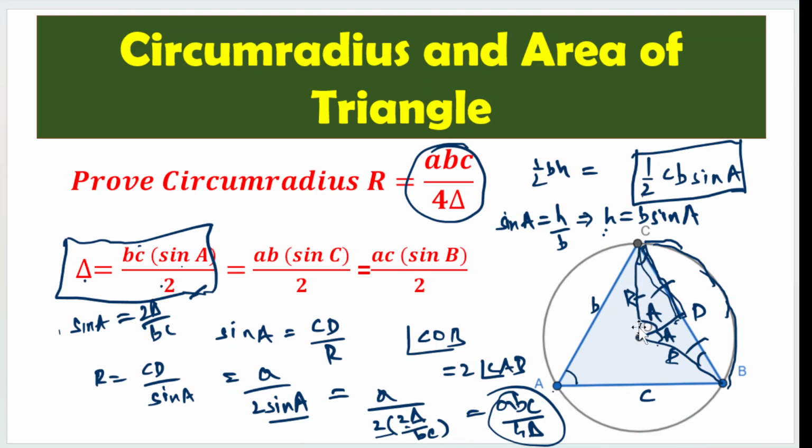We just need to understand that the radii are the same, and that's why we are able to find R in terms of sine A. First we proved the area in terms of sine A, and then for the radius we used the formula of the area, replacing sine A with 2 into area by BC, and we are able to find that abc by 4 into the total area is the circumradius.